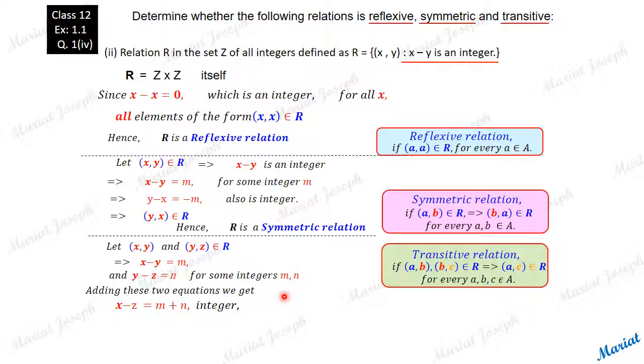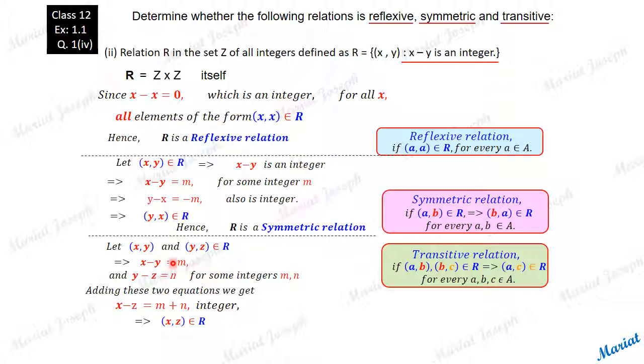Since m and n are integers, m plus n will be an integer. That means this present statement says x minus z is an integer, which implies (x, z) will be an element of the relation. Hence, here we logically prove that whenever the elements of the form (a, b) and (b, c) are present in the relation, we are able to find the element of the form (a, c) also in the relation.